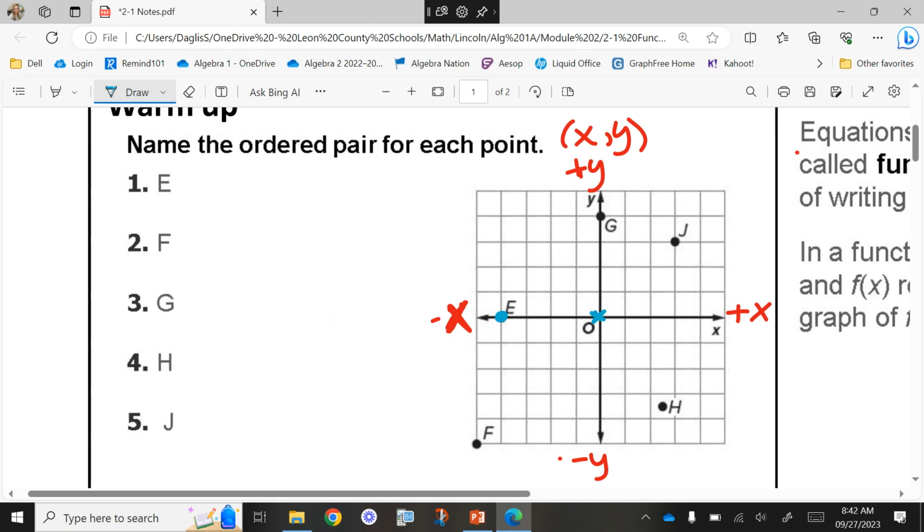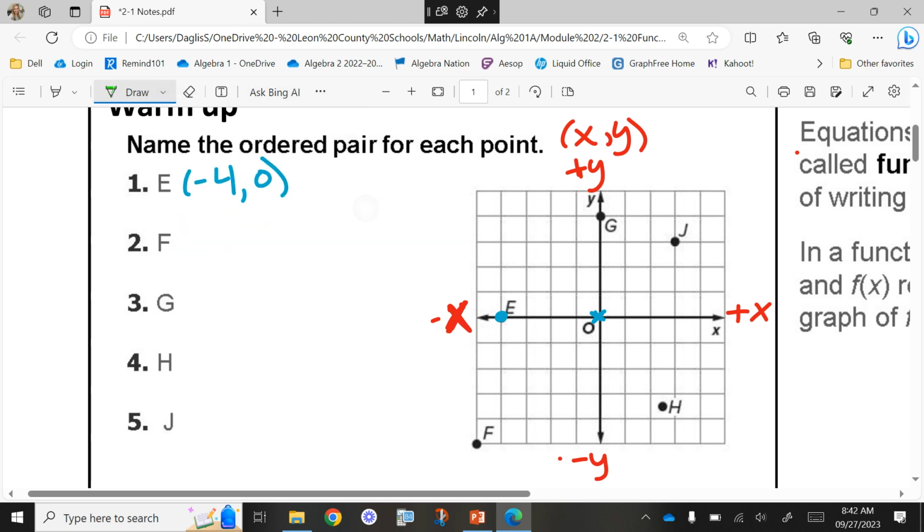If I started at 0 and went backwards 4, what is that number going to be? A negative 4. Okay? Did I go up or down? No, I only moved over to the left, right? So if I didn't go up and down, my Y value is still a what? It's still a 0. So that point is negative 4, 0.